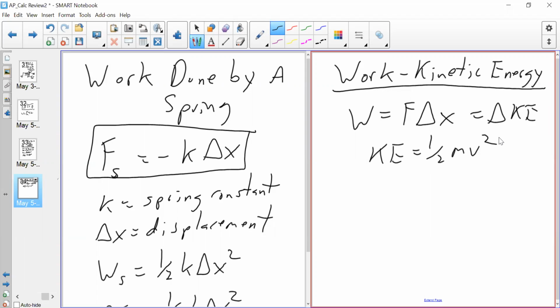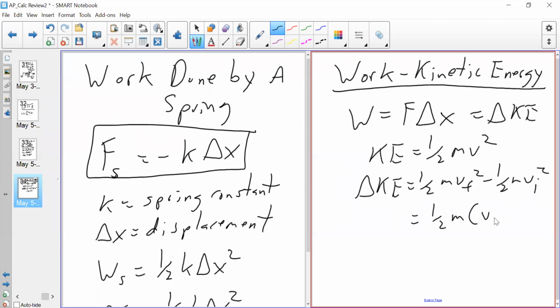Kinetic energy is 1/2 mv squared, and so delta KE is going to be that equation, from initial velocity to final velocity. All of those equations are equal. Work is F delta X equals change in kinetic energy.